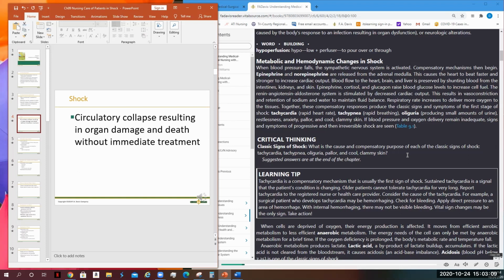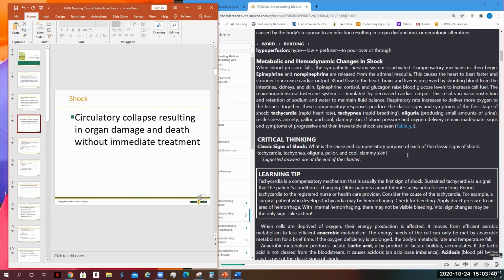So I'm now referring to the end of the chapter, which is on page 118 for the suggested answers. Tachycardia is caused by decreased cardiac output and reduced tissue oxygenation. Its purpose is to increase cardiac output and oxygen delivery with more heartbeats that pump blood out of the heart.